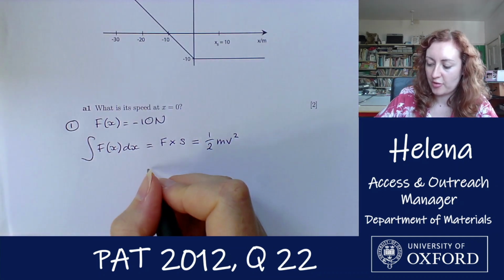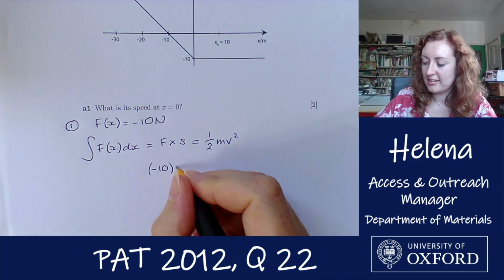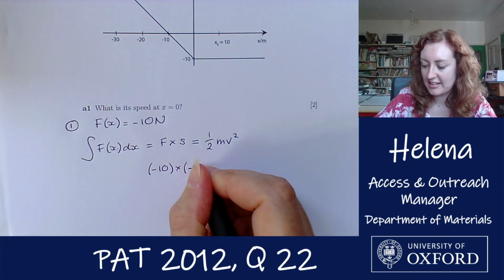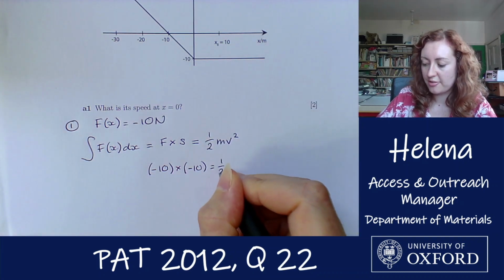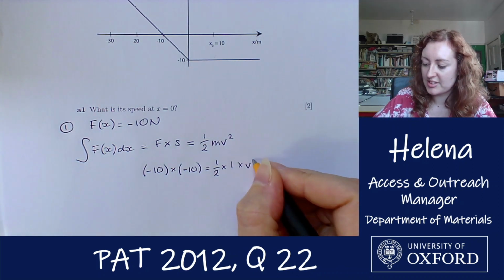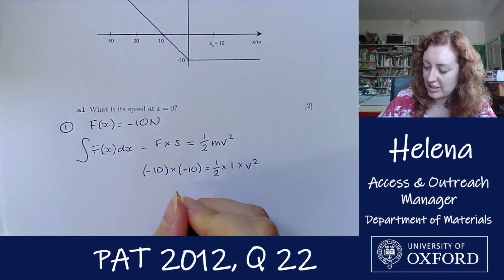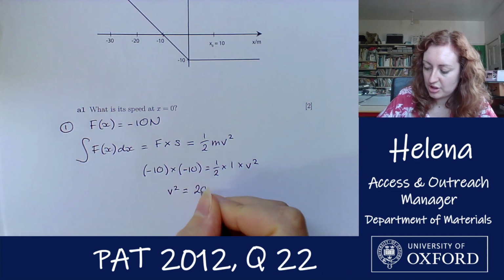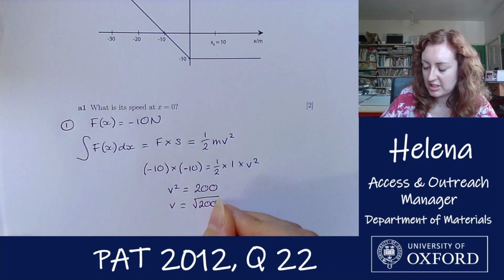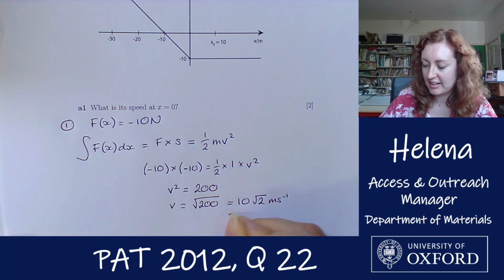So in this case, we have a force of, I'll keep the signs in just to keep track of them, of minus 10, and the distance as well is we're moving from 10 to 0, so it's minus 10, and that's equal to half times its mass, which is 1, I'll write it in just to keep track, times its velocity squared. Okay, so if we multiply those out and rearrange it, we have that v squared equals 200, which gives us a speed of the square root of 200, otherwise known as 10 root 2 meters per second.